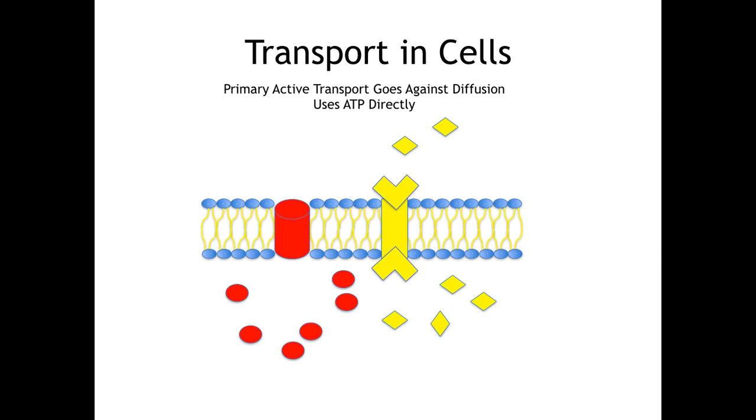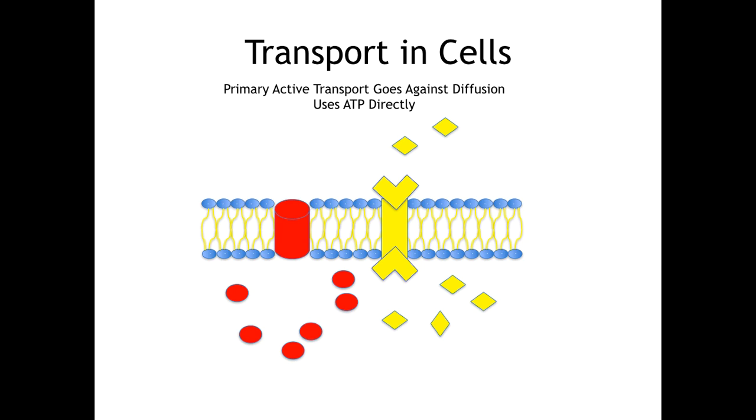But now we have moved everything to one side. Note that that first one actually went with the concentration gradient. The important thing about active transport is that it uses ATP directly. It uses energy. You can actively transport things down their concentration gradient, and sometimes your body does that if you want them to move faster than diffusion would normally allow them to.